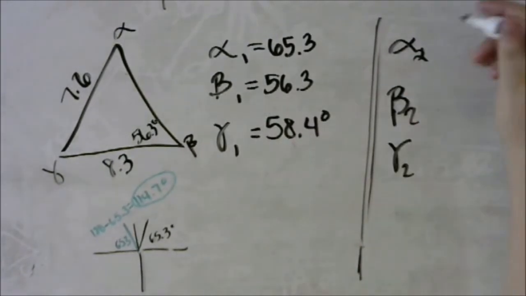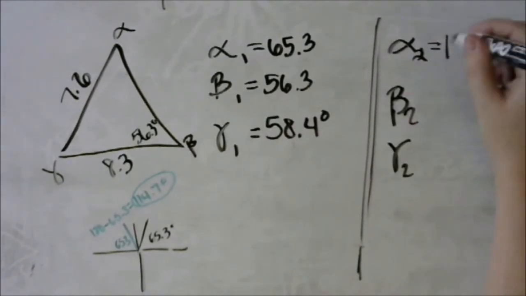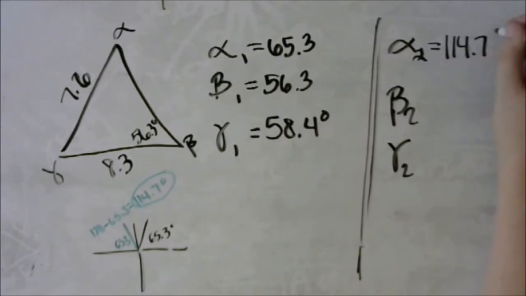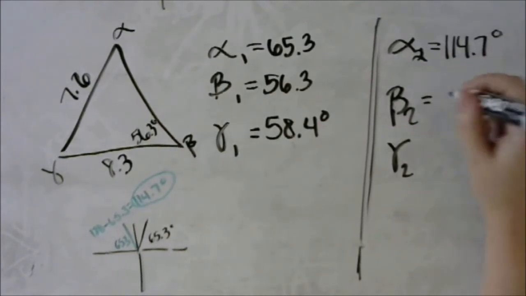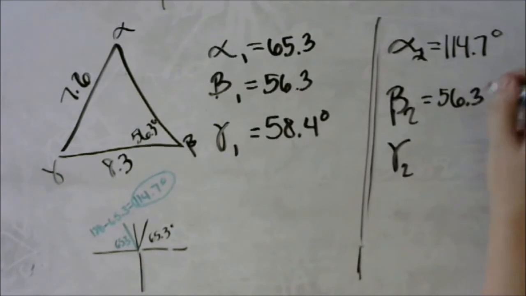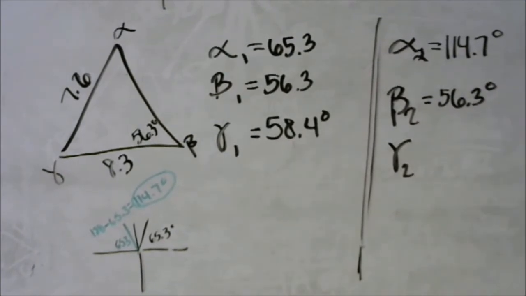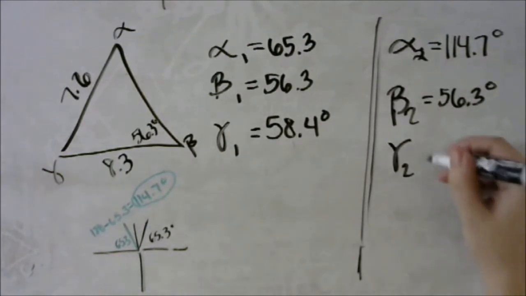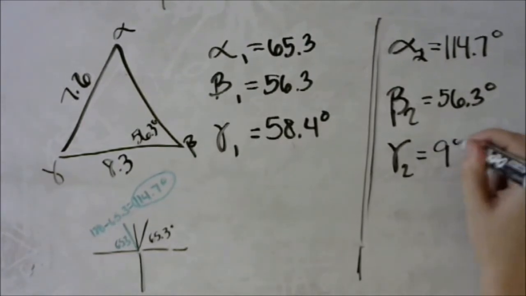Then my second solution, I know that alpha is 114.7 degrees. I know that beta, again, is 56.3 degrees. And that gamma is 180 minus the sum of those two angles. And so we find that gamma is equal to exactly 9 degrees.